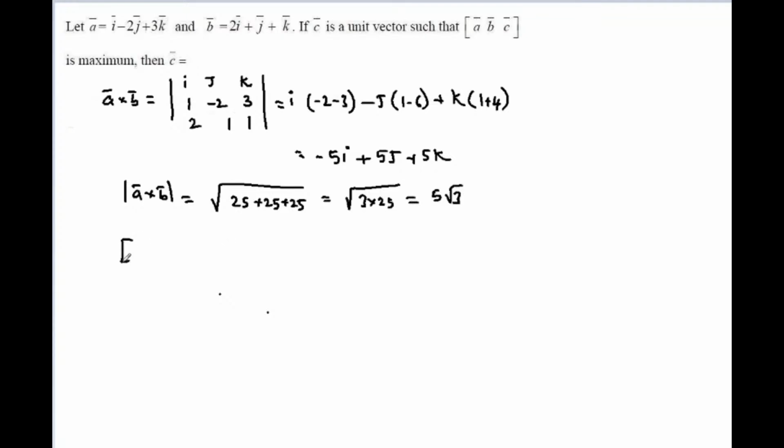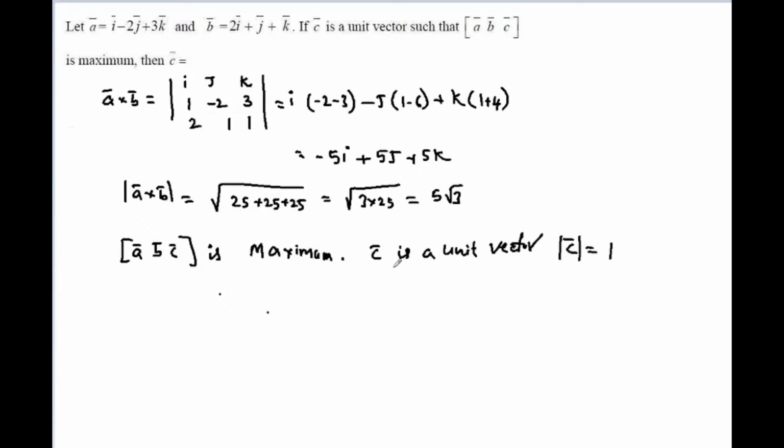Here it is given box A bar, B bar, C bar is maximum, and C bar is a unit vector. That means modulus of C bar is equal to 1.